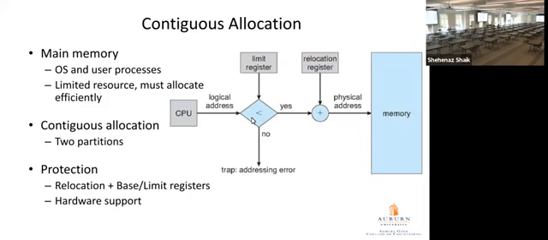Or in other words, all the addresses related to a particular process are located in contiguous memory locations as part of physical memory. So that's the concept of contiguous allocation.